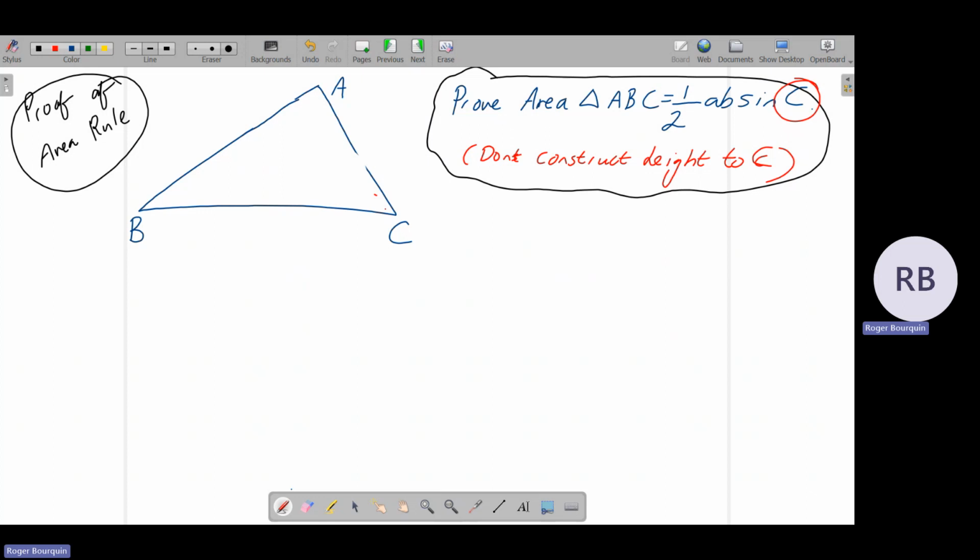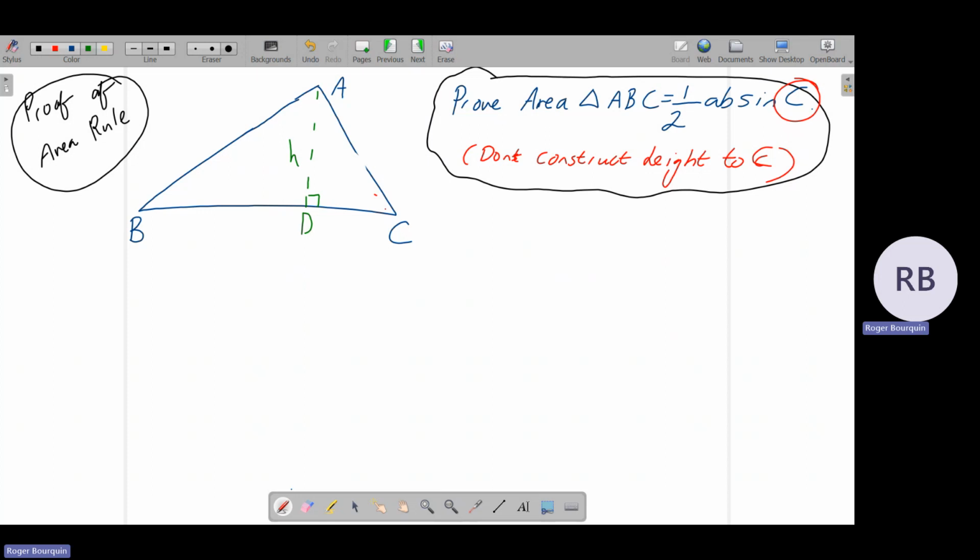So I'm going to construct this perpendicular height, H, and you can call that foot letter D. It's a right angle, so you don't have to write it, just construct it. All constructions are with dotted lines.